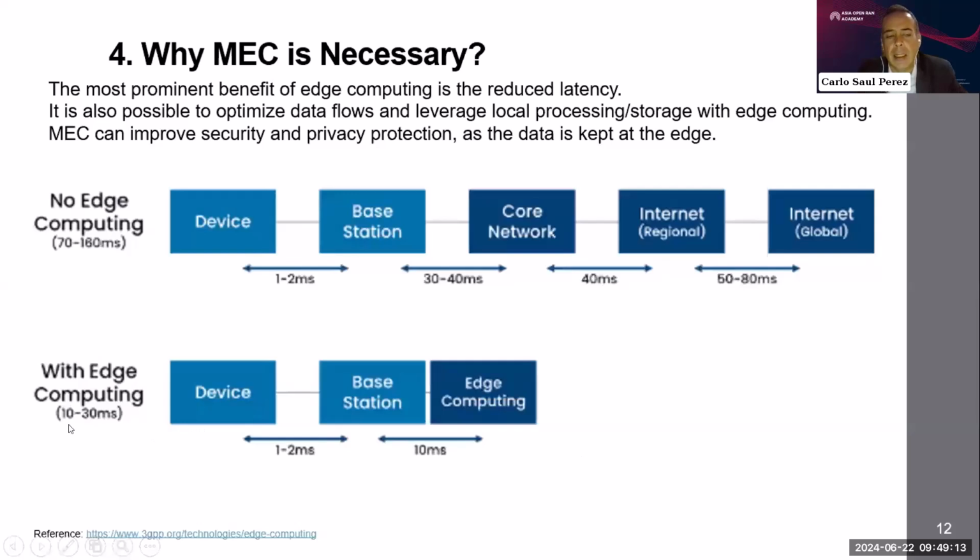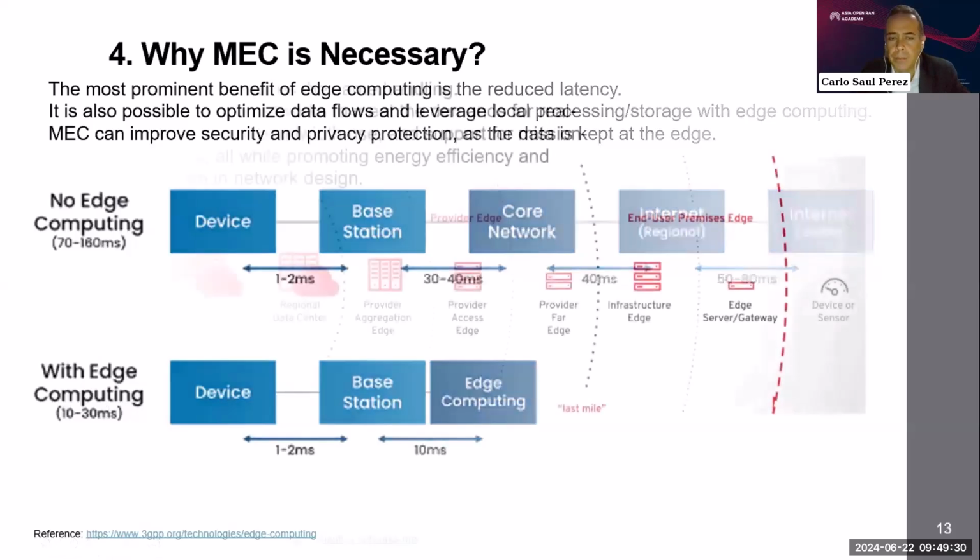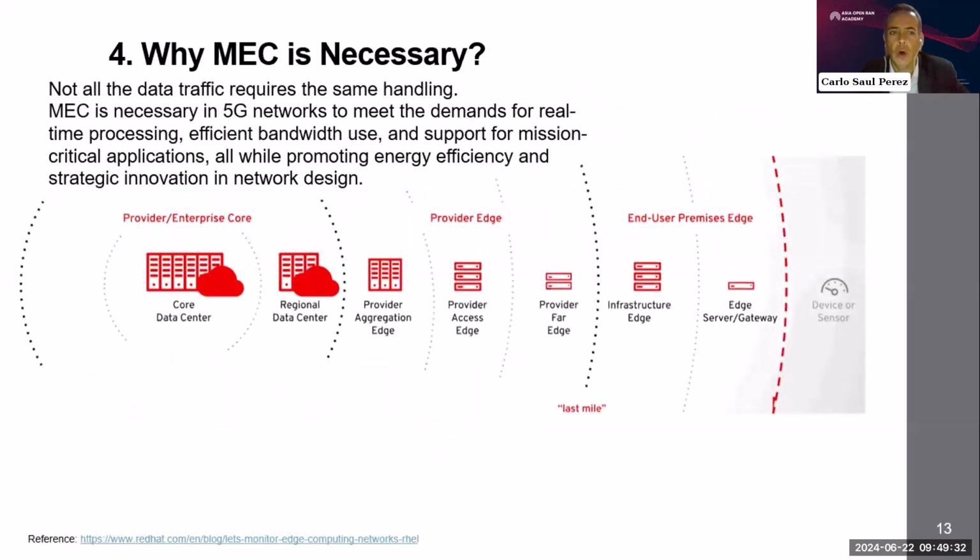Let's say 10 to 30 milliseconds. Even though in 5G we are talking about 1, 2, or 3 milliseconds, in general this is a good number to start with for this latency. So not all the traffic requires the same.